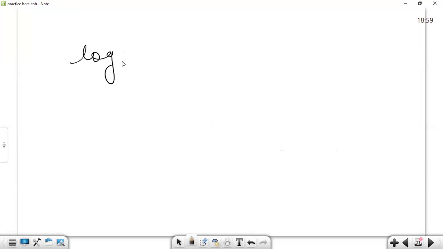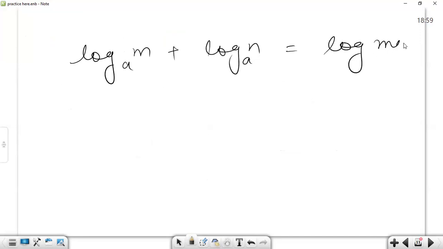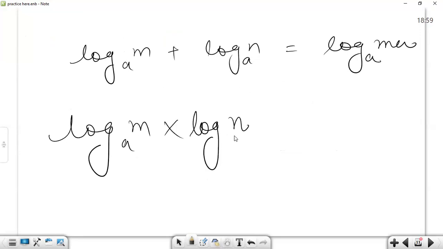It was logarithm of m to the base a plus logarithm of n to the base a into logarithm of mn to the base a. It was not that logarithm of m to the base a getting multiplied by logarithm of n to the base a will be written as logarithm of m plus n to the base a.